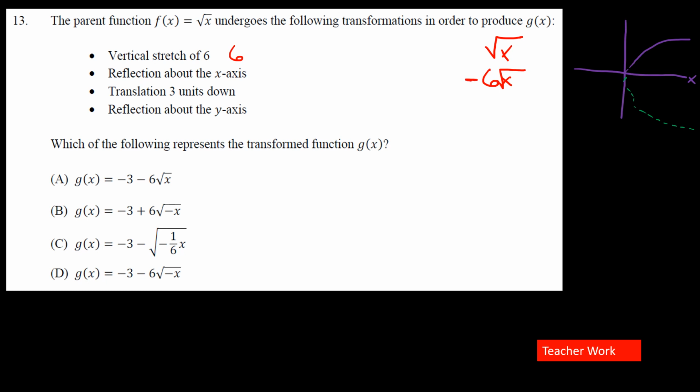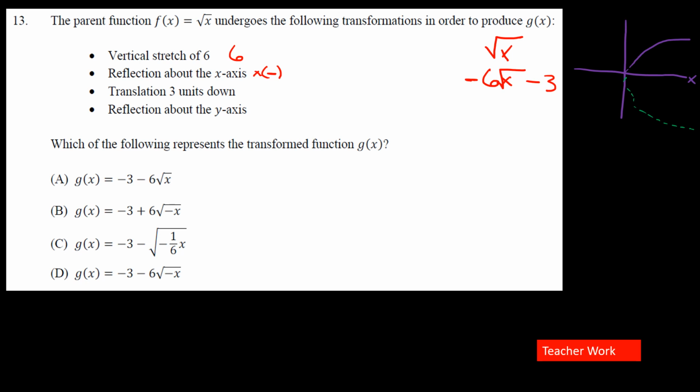Okay, this negative causes a reflection about the x-axis, so this would be just a times negative value. And then we have a translation of 3 units down, so that would be a minus 3. That doesn't change.